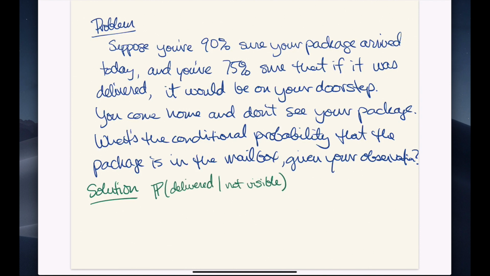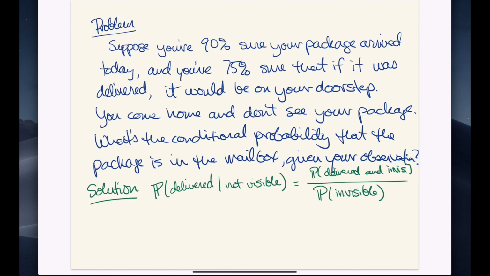So we'll use the formula for conditional probability. The probability that the package was delivered, given that it is not visible, is equal to the probability that it was delivered and put in the mailbox, that is, delivered and not visible, divided by the probability that it's not visible.